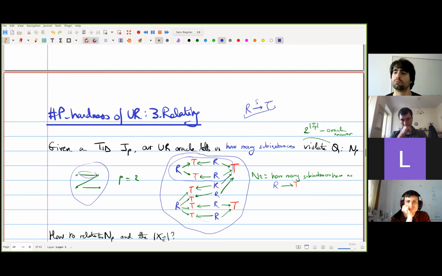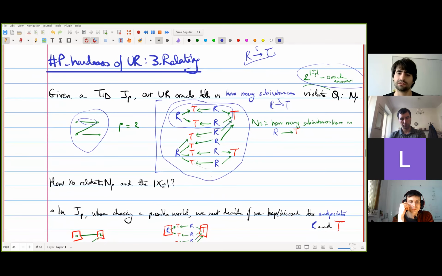But up to doing the complement, it's telling me how many subinstances violate the query. So the oracle is a magic box that tells me, given this complicated thing here, how many subinstances do not contain any triple RST like that.